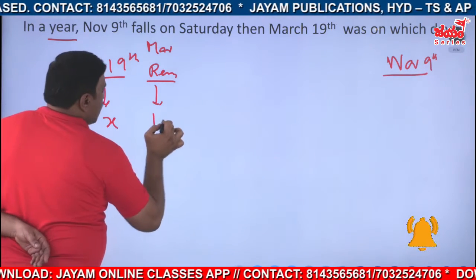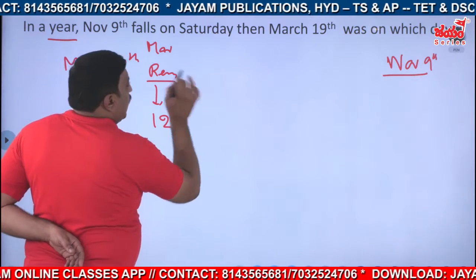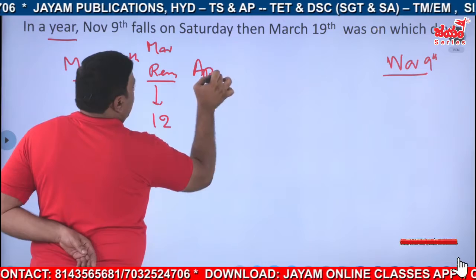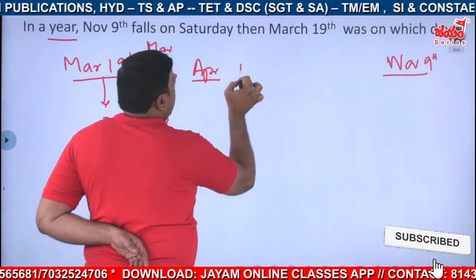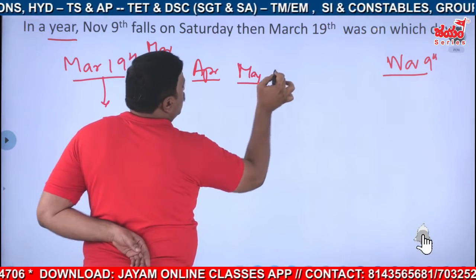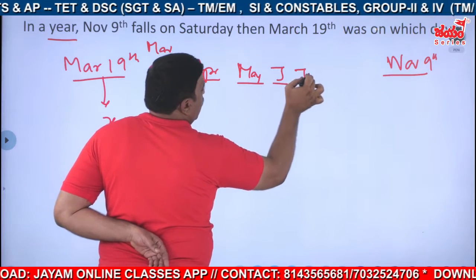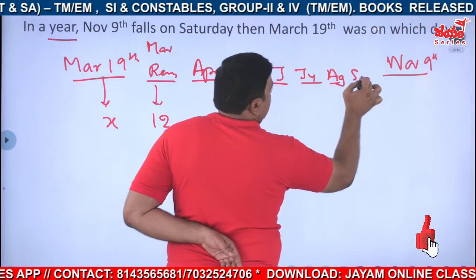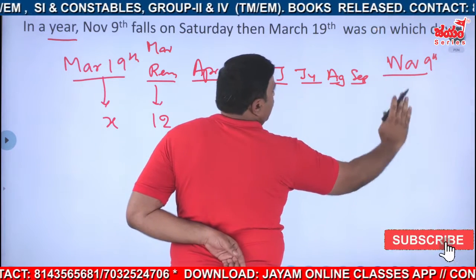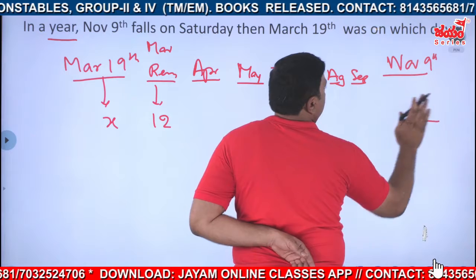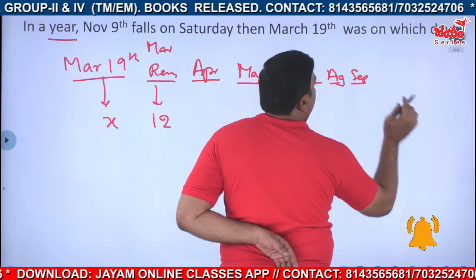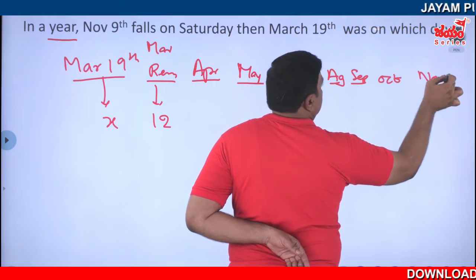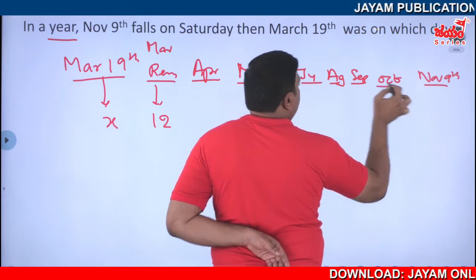Right? So 12 days. Again, what is the next month? It is April. Then May, June, July, August, September, October, and November 9th.